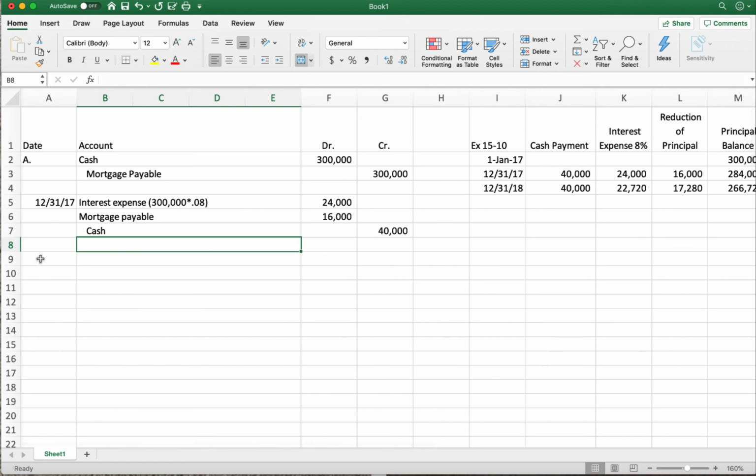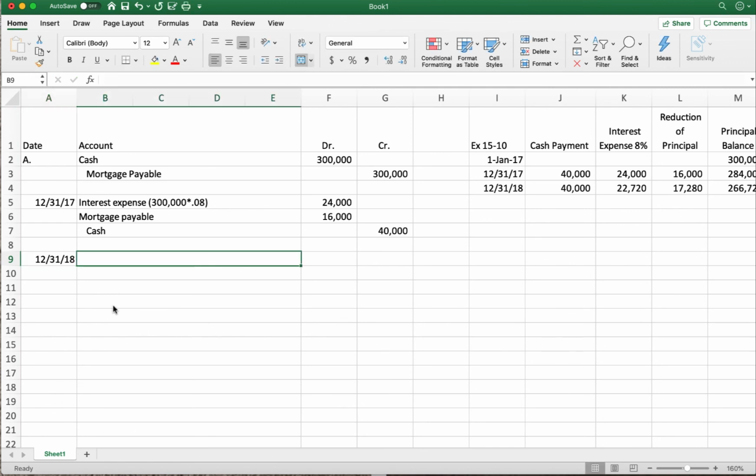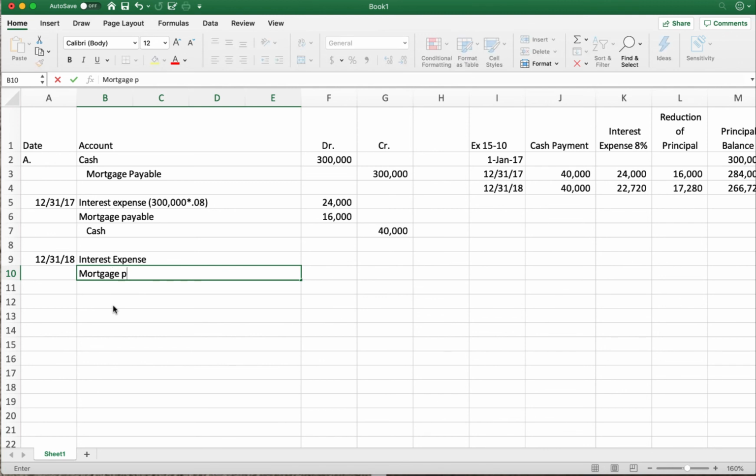Now I need to make the second installment payment, 12/31/2018. It's going to be the same journal entry: interest expense, mortgage payable, and I'm obviously going to credit cash. If I were you, I would put on a note card or in my notes the journal entry whenever I need to make an installment payment.